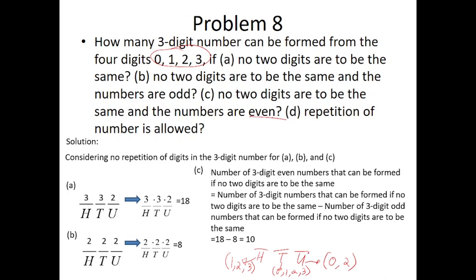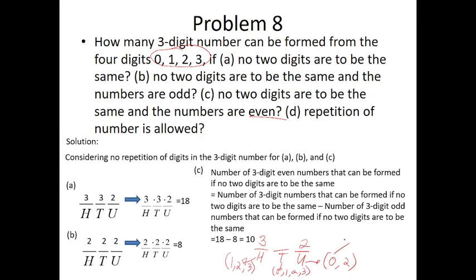So if we begin at the units place, we have two options, 0 or 2. Then if we proceed with the hundreds place, if 0 was selected at the units place, we have three options, 1, 2, or 3.